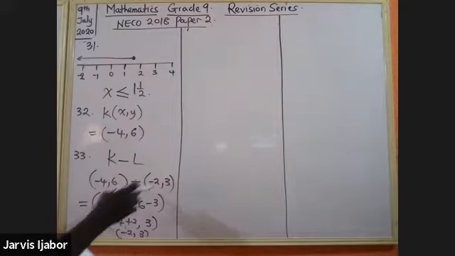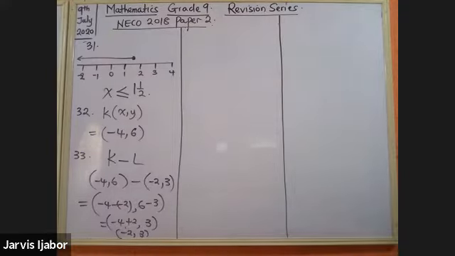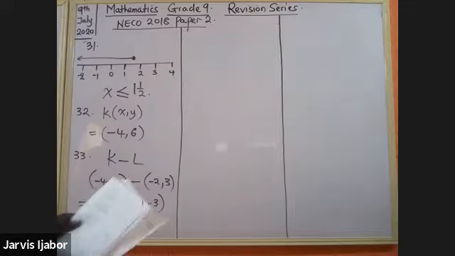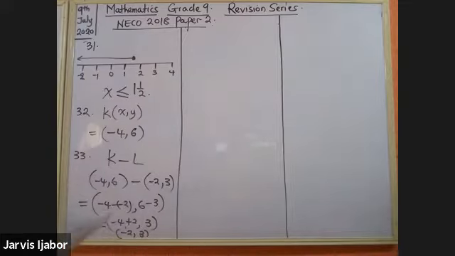So let's look at the question. If we read it correctly, it says subtract L from that of K. So it means K minus L. That's the interpretation of that question. K minus L, and if that is done correctly, it will be -2, 3.